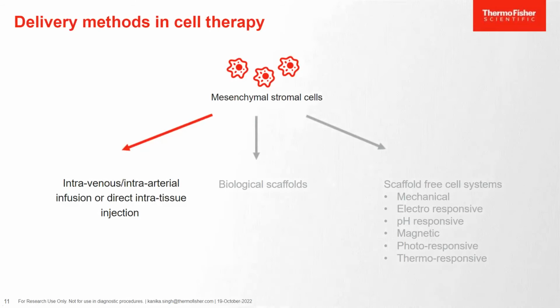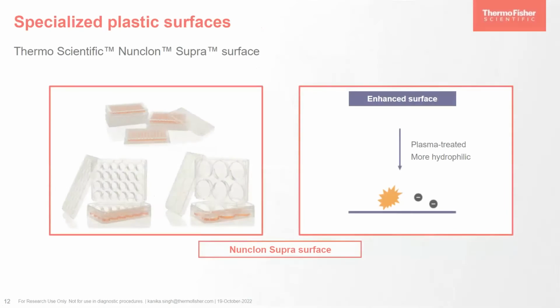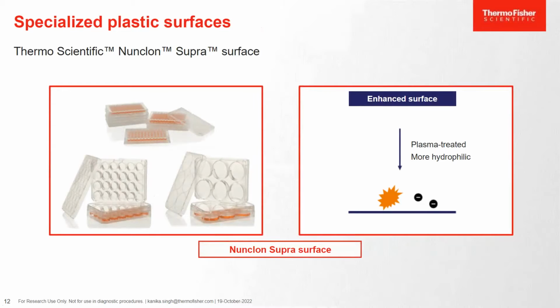As I already mentioned, the presence of serum and ECM in culture has potential risks associated with it. And it is important to culture MSCs in a risk-free environment if we want to translate them for cell therapy research. So to cater to this requirement, Thermo Fisher offers a specialized surface called Nunclon Supra Surface.